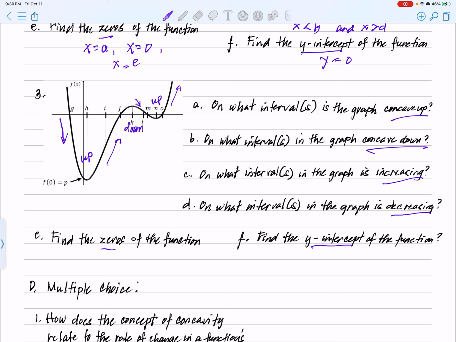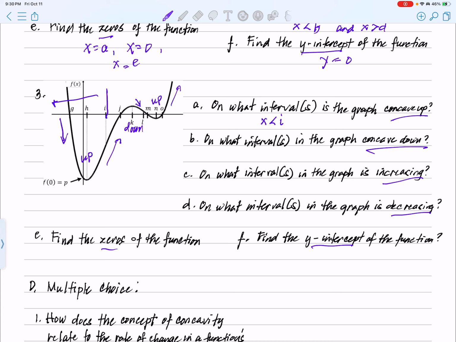Okay, we'll start with concave up. When does it start at concave up? I think from here, when x value is less than I, it's concave up.